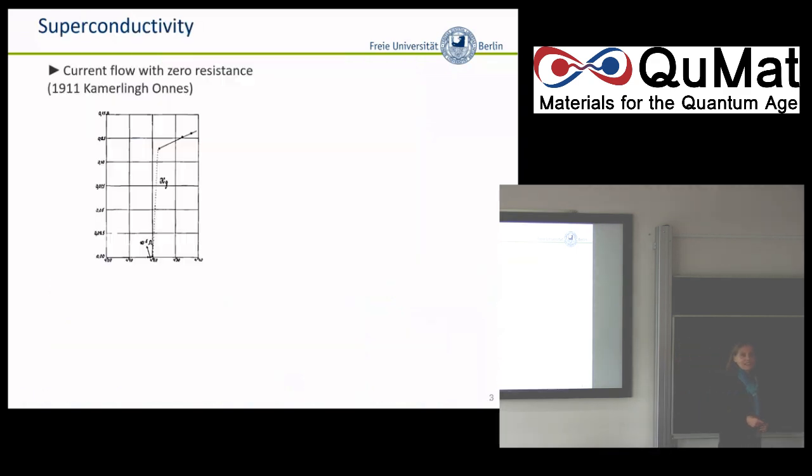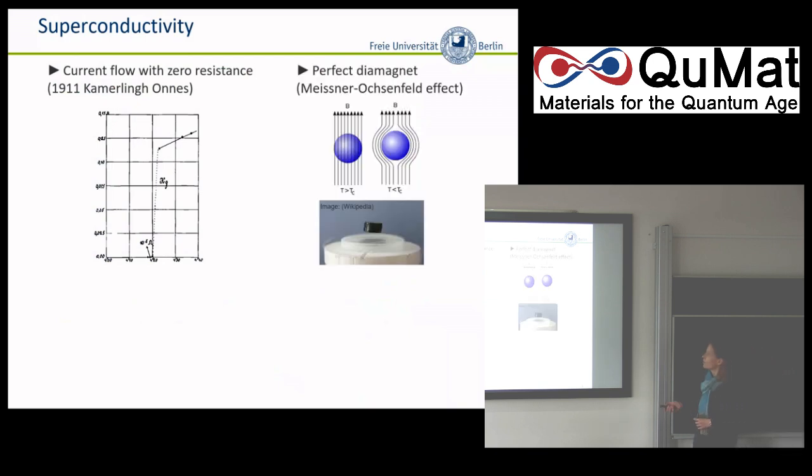Okay, so, well, it's about these Yu-Shiba-Rusinov states, but let me go one step back. So superconductivity is familiar to all of you. If you cool down a material that eventually becomes superconducting, essentially the resistance drops to zero below this critical temperature. Well, you all know that probably.